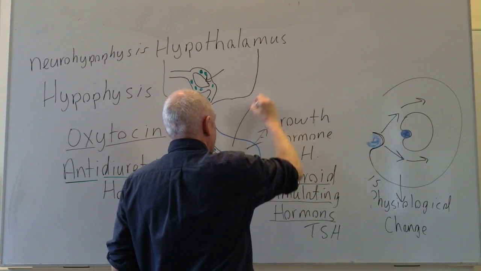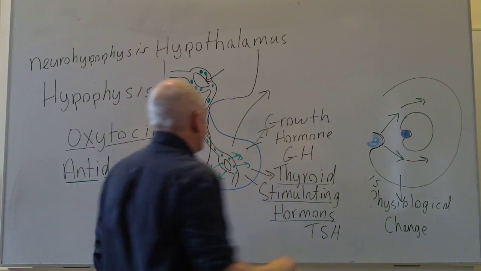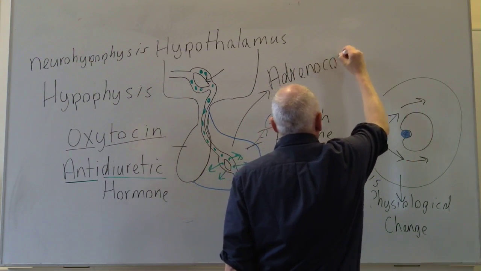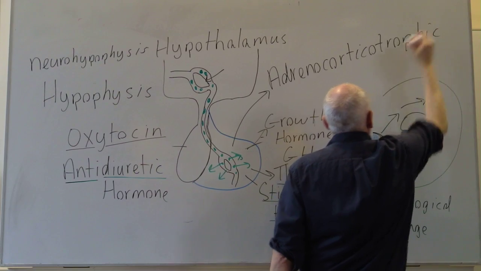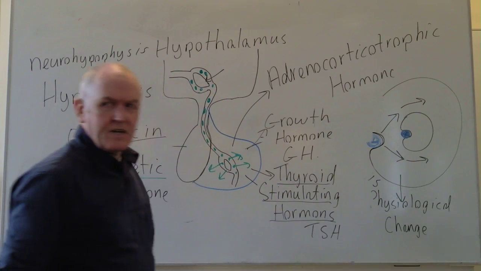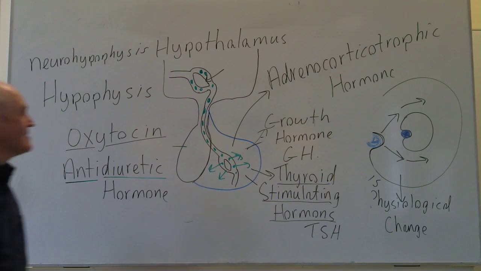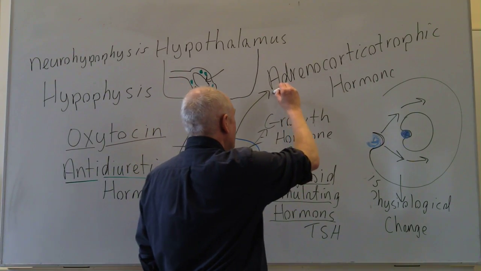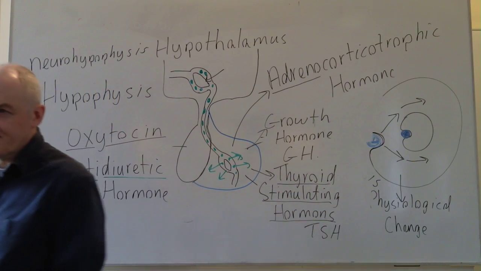Another example of a hormone produced by the anterior pituitary is adrenocorticotrophic hormone. Adreno means to do with glands we'll learn about later called the adrenal glands.